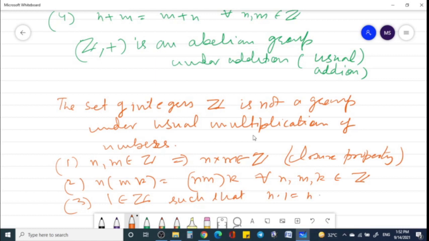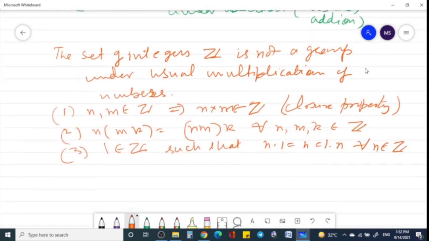1 times n is n for all n. But there is one property it doesn't meet for a group, that is the existence of inverse. For example, if 2 belongs to integers, then we can think about an element n such that 2 into n equals 1, where n is an integer.